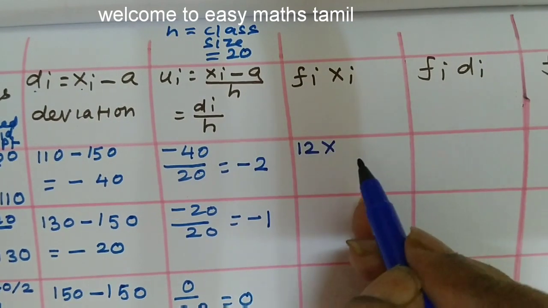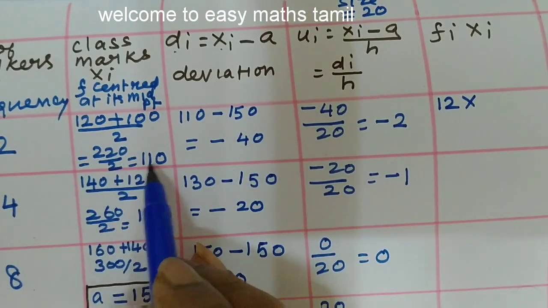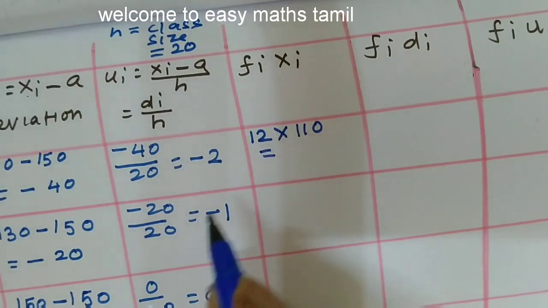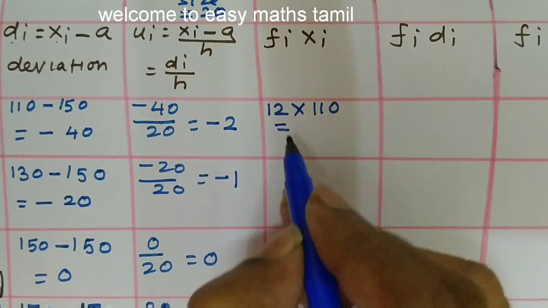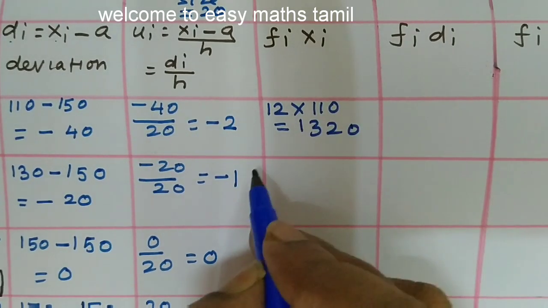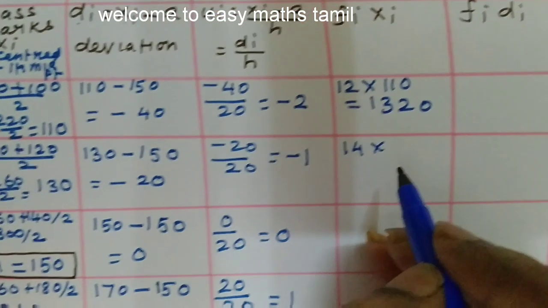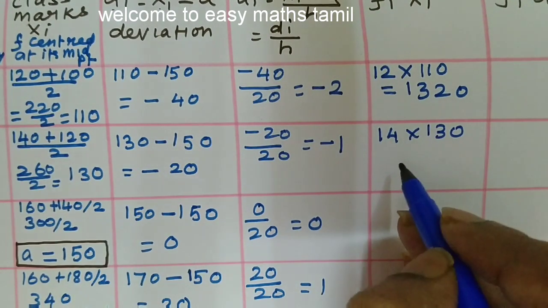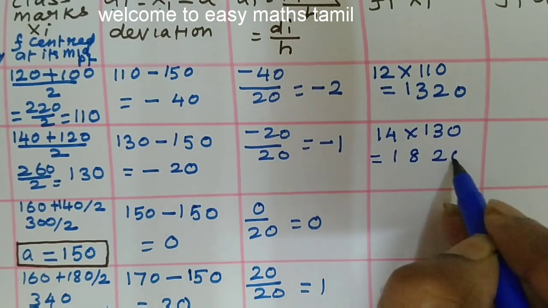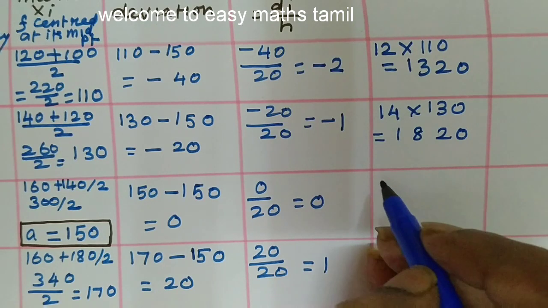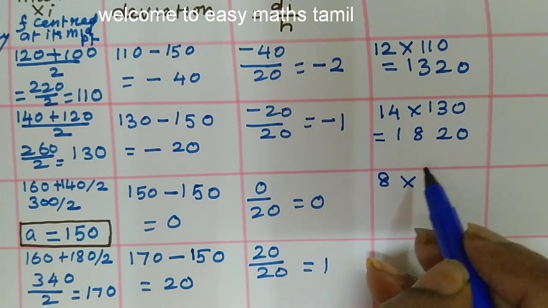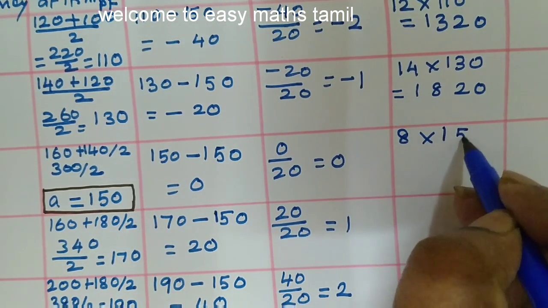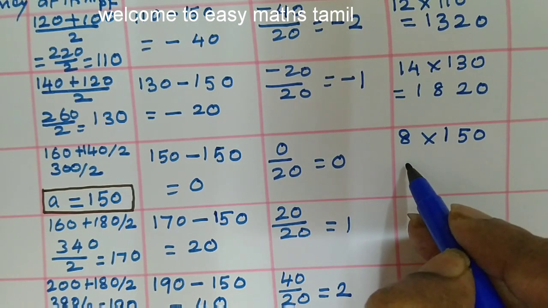Multiply the values of fi and xi. Fi is 12, xi is 110, 12 into 110 is 1320. Fi is 14 into xi is 130, 1820. Fi is 8, xi is 150, 1200.